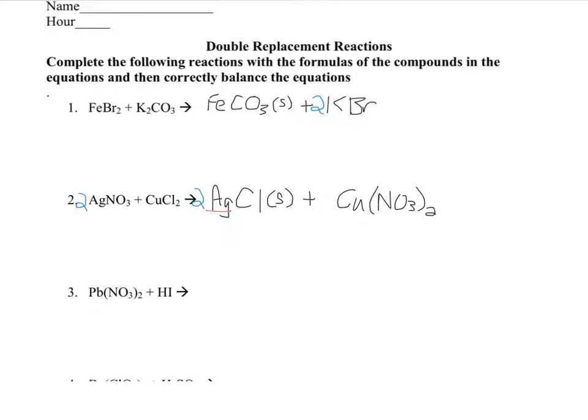Next problem, we have lead 2 nitrate and hydroiodic acid, or hydrogen iodide. Again, we keep one thing in the same place, and I like to keep my lead in the same place. We have a lead 2, so I don't need to put this one in parentheses.